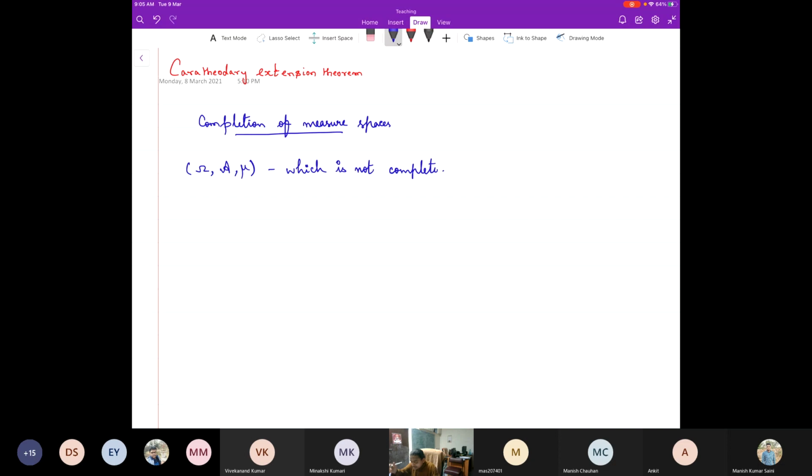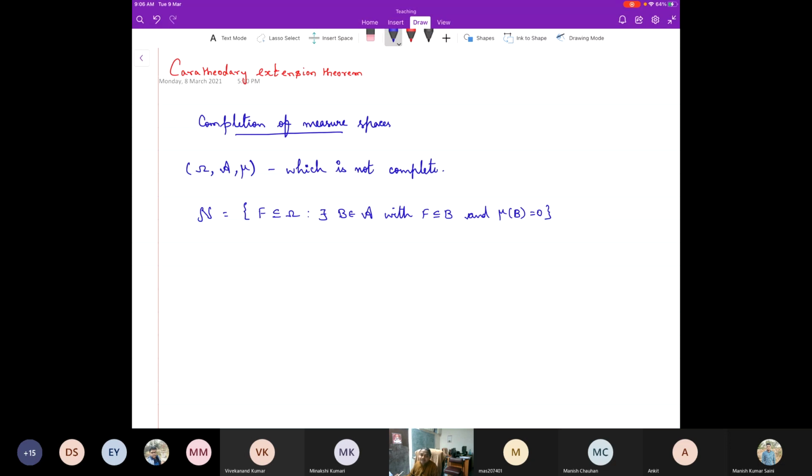So first thing what we needed is what is known as a sigma algebra, right? So how did we define? We defined N as all those F subset of Omega such that there exists B in A with F contained in B and mu of B is 0.